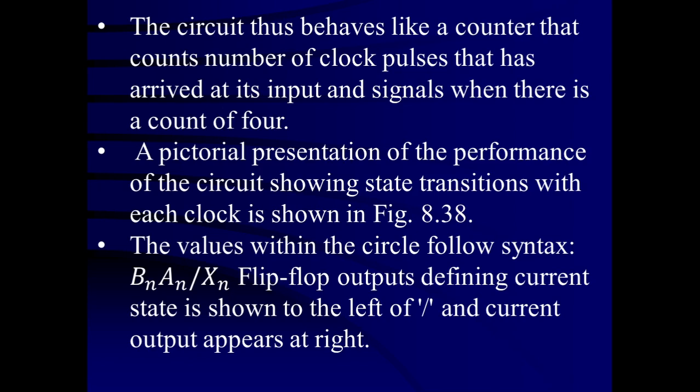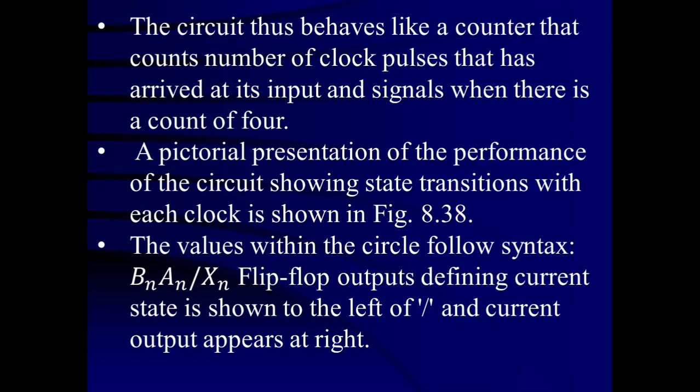That means this circuit which is given is acting like a counter which is counting the number of clock pulses, and at every 4th clock pulse the counter output, that is X signal out, is going to be high.